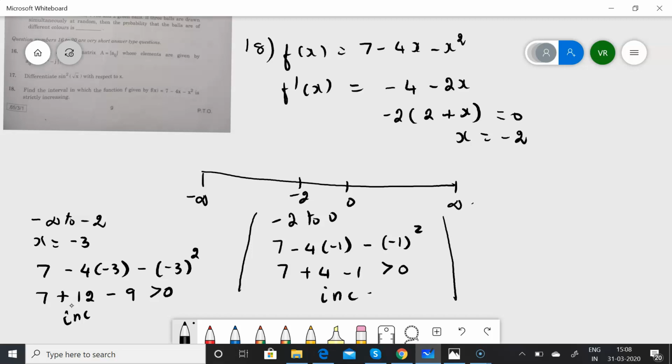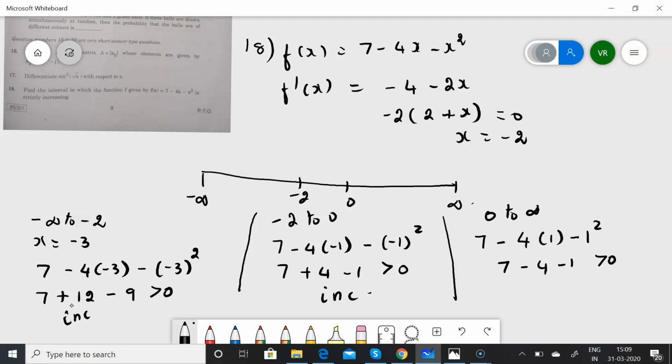And when we come down to the third interval, 0 to infinity, let us take 1. That will give you 7 minus 4 into 1 minus 1 squared, so 7 minus 4 minus 1, which is greater than 0.